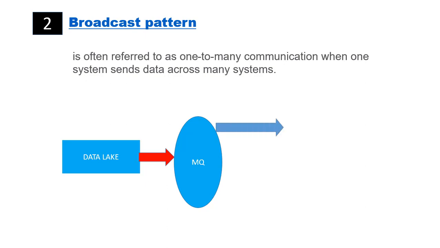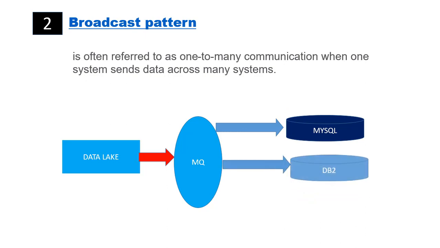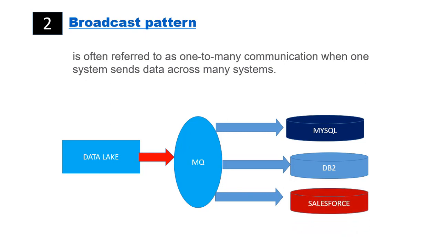Other systems like MySQL subscribe to the information from MQ, a second system like DB2 subscribes to the information from MQ, and another system like Salesforce subscribes to the data from the MQ system.